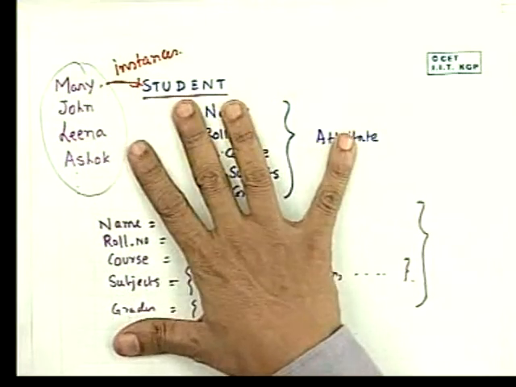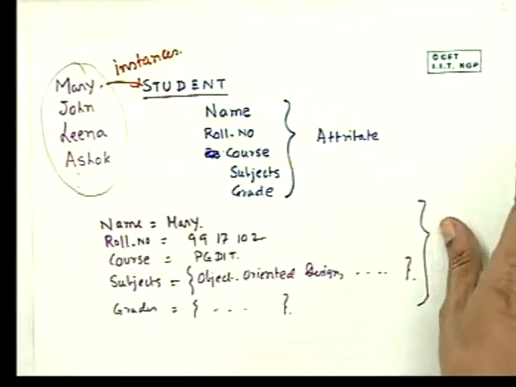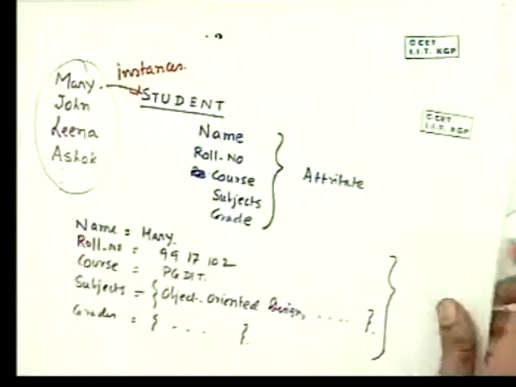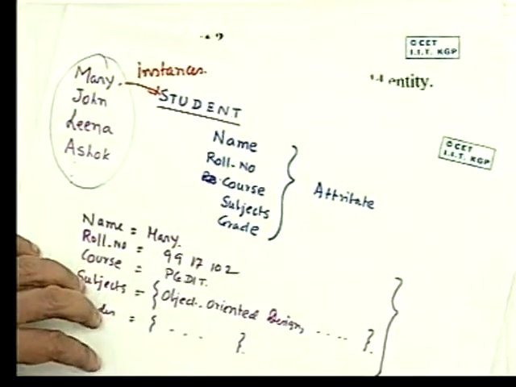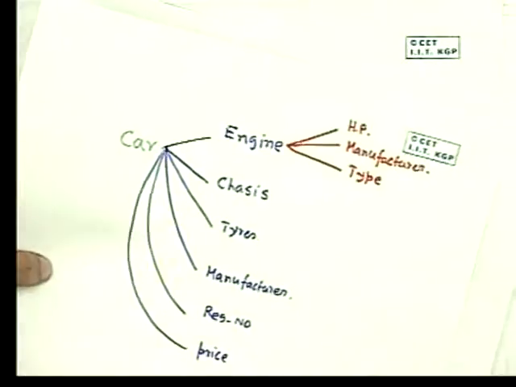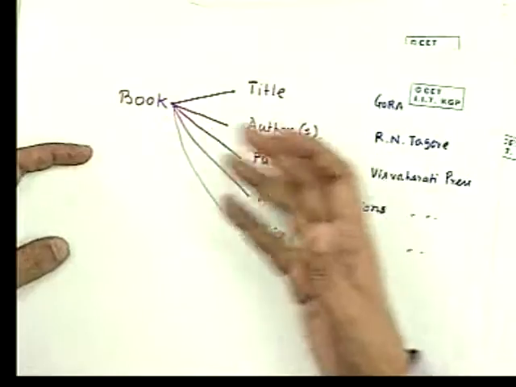So student will be the class and the instances are Mary, John and Lena. Similarly, in the case of a book, the book Gora written by Tagore as well as a book by, say, Shakespeare are instances of the class book.